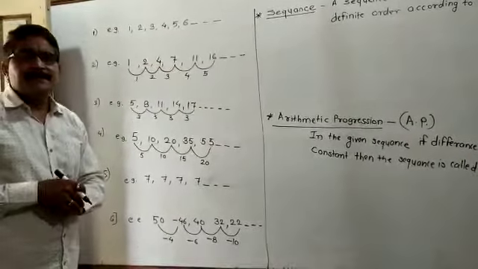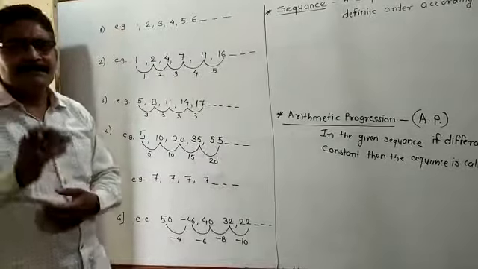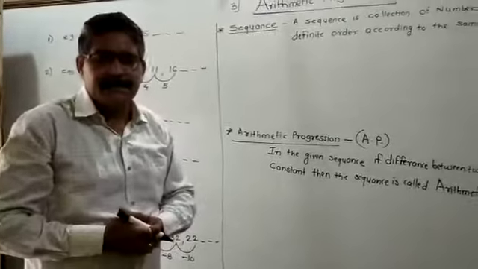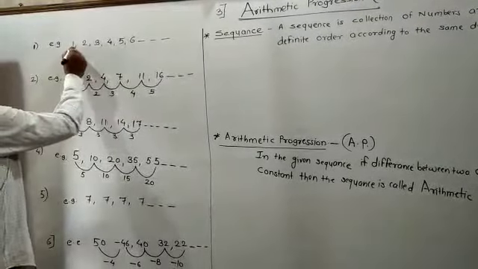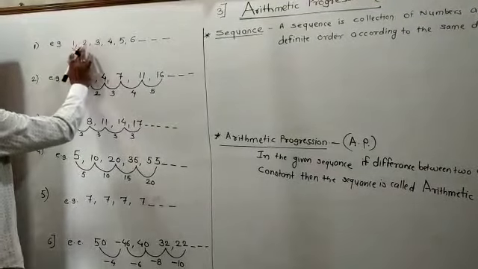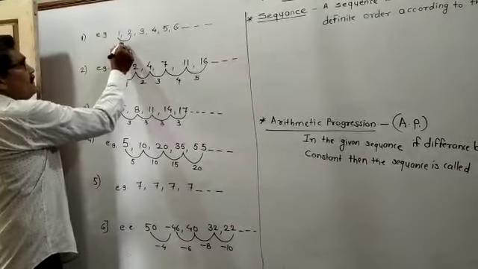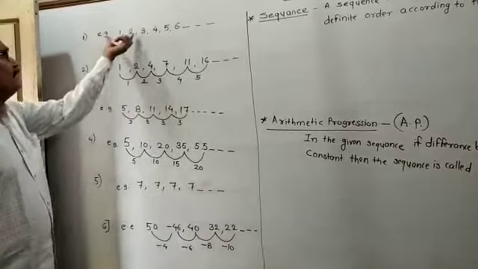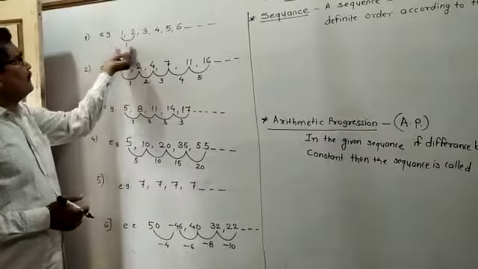And if you observe consecutive numbers, one after another, the next number is greater by 1 than the previous number. If this one is 1 and this one is 2, the difference between the two consecutive terms is 1. Here 2 minus 1 is equal to what?